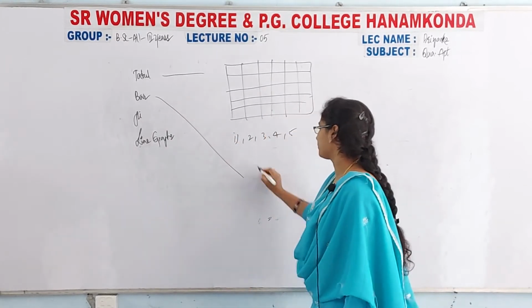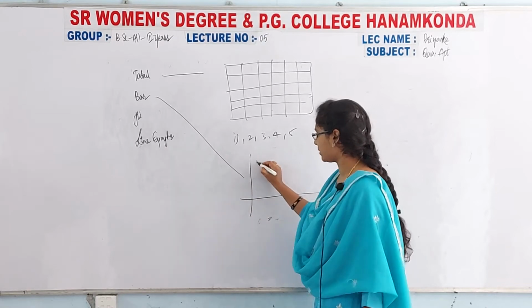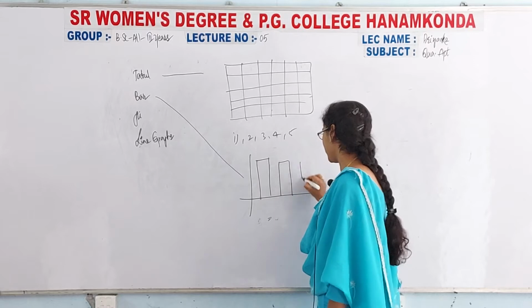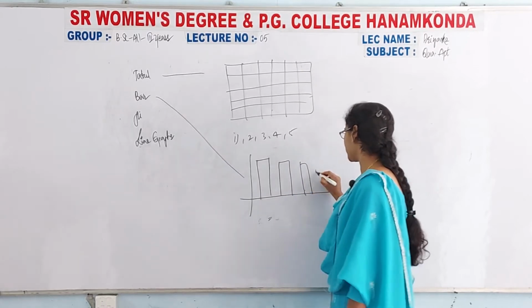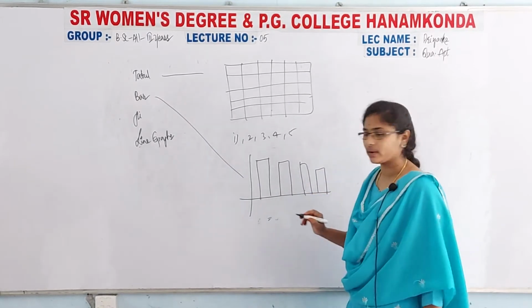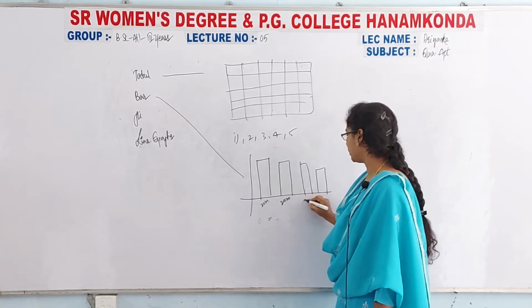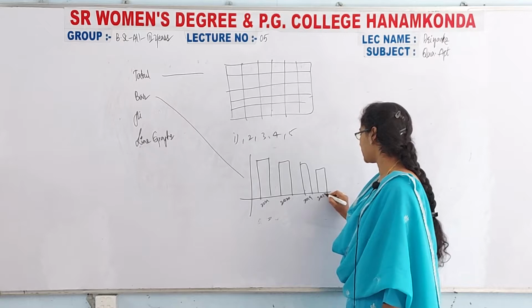Coming to the bar graphs, simply they give the information in a graph, that is a bar graph. So for example this is some data related to the students, okay. So it is 2021 and 2020 and 2019 and 2018, like this.